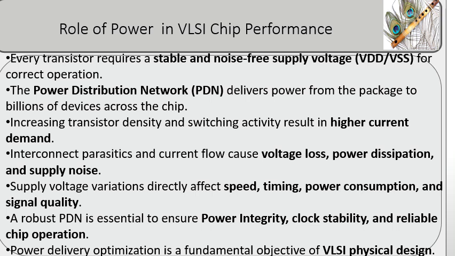As technology scales, increasing transistor density and switching activity demand higher current from the power grid. However, interconnect parasitics introduce voltage drop, power dissipation, and supply noise that degrade the quality of the delivered power. These voltage variations directly affect circuit speed, timing margins, signal integrity, and overall chip performance.